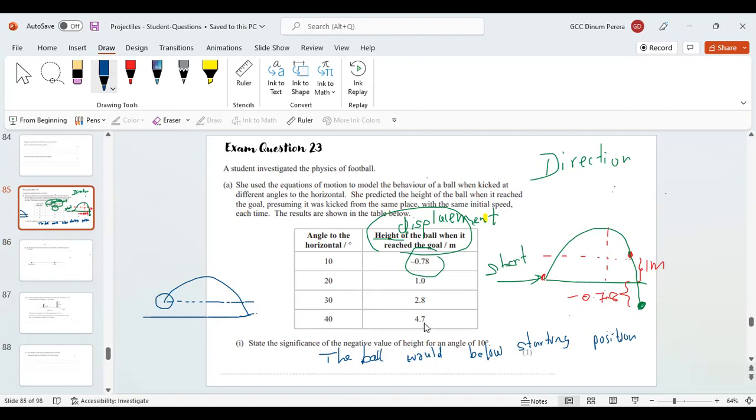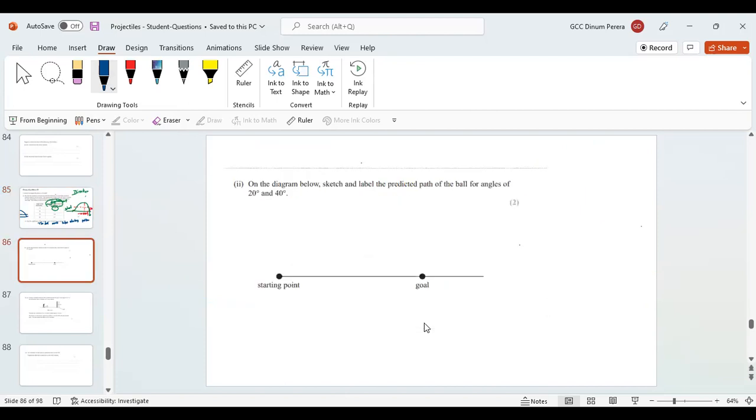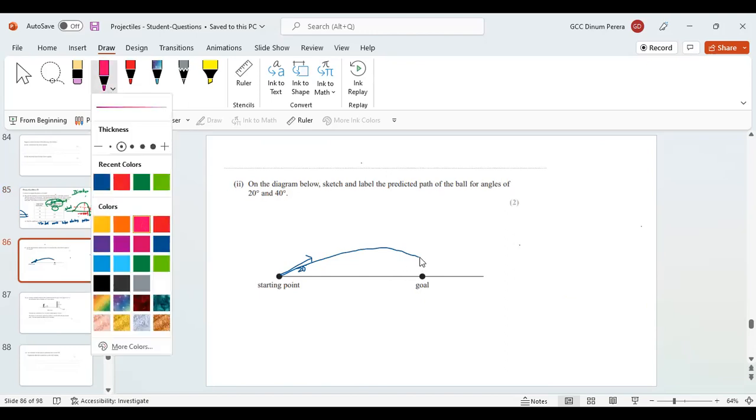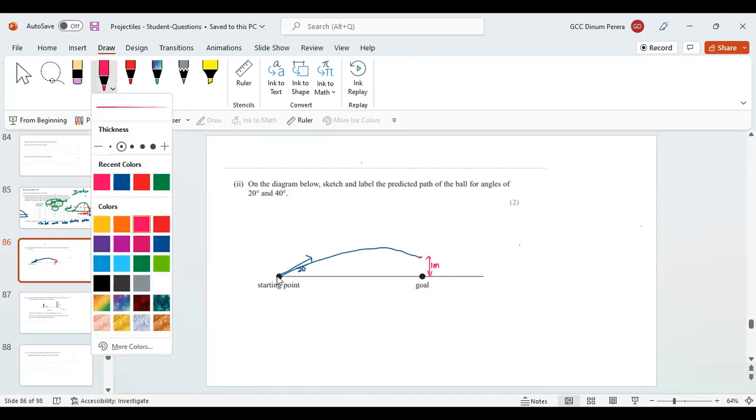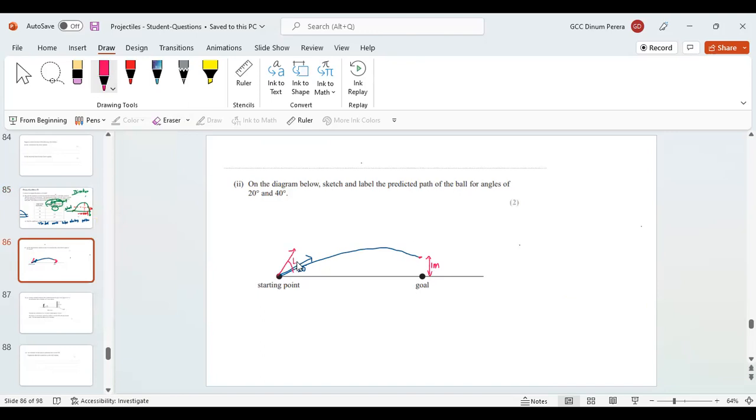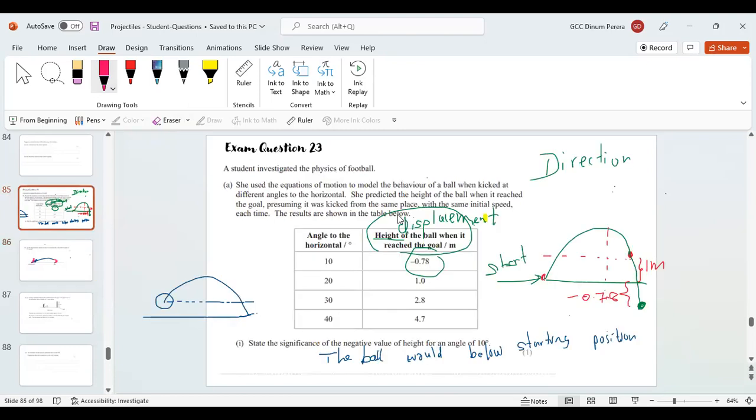When the angle is 40, the height is 4.7.